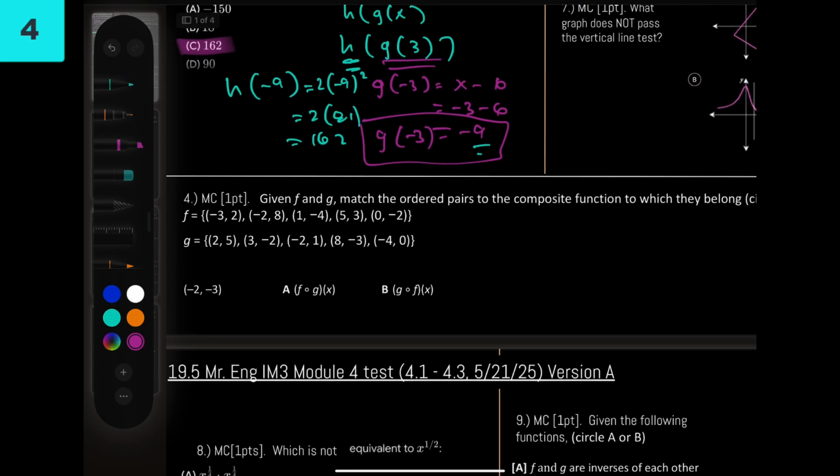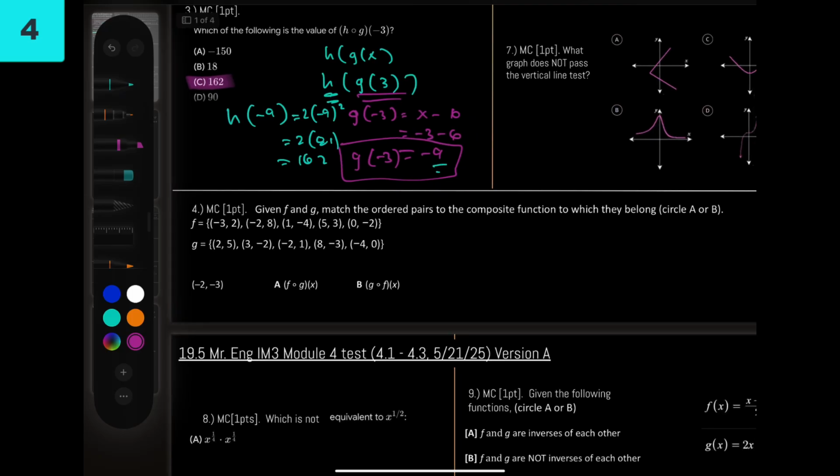Question number 4, match the ordered pairs of the composite function to which they belong, so circle either A or B. My first input is -2. Let's start down here at g, so I'm at -2. Then I go to 1. That's my output, so now I go to 1 on the other side. I get -4.